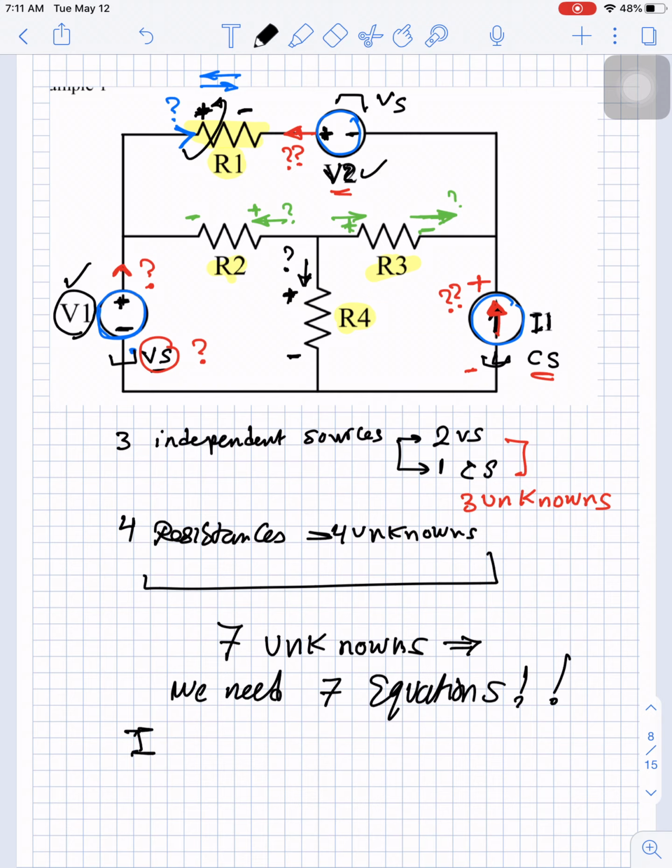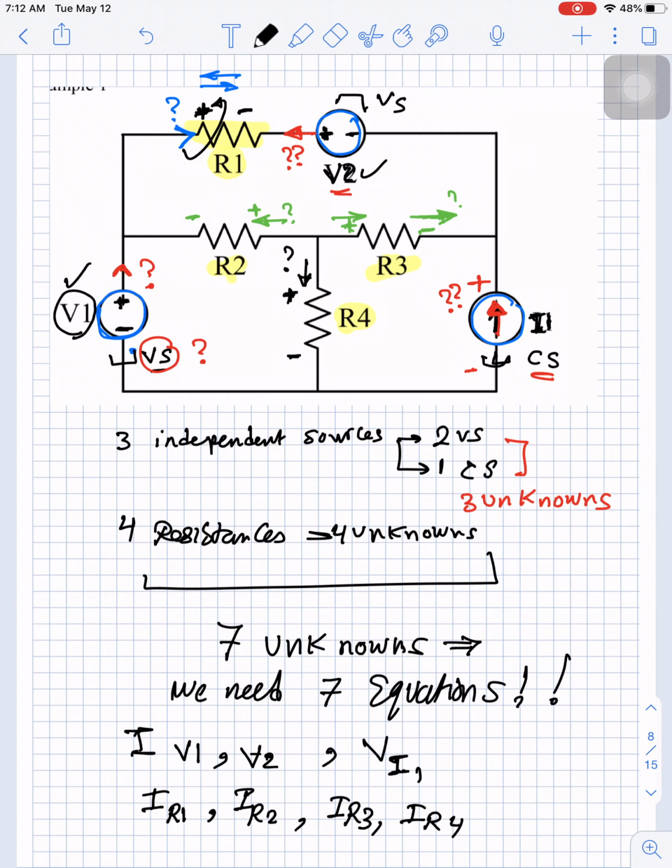The current of V1 and the current of V2. These are 2 unknowns. And we have the voltage of I1. And we need the current in resistance R1, the current in resistance R2, the current in resistance R3, and the current in resistance R4. So these are the 7 unknowns we have.